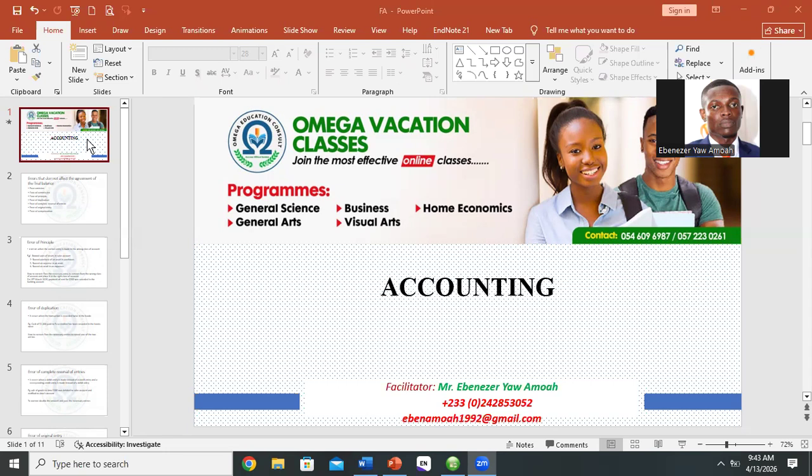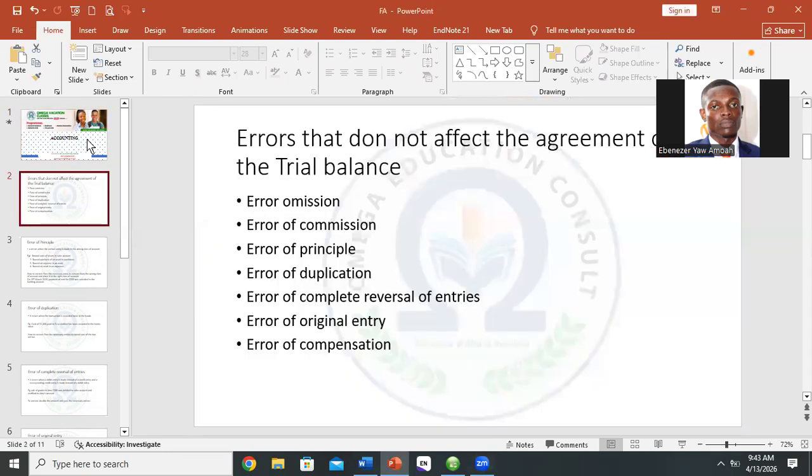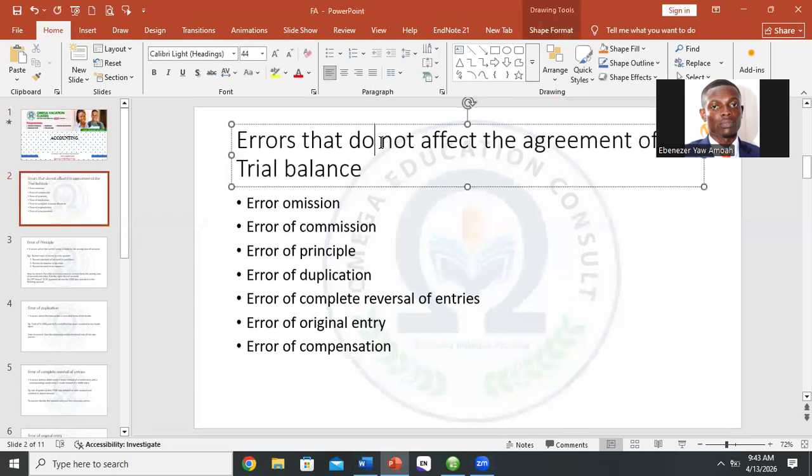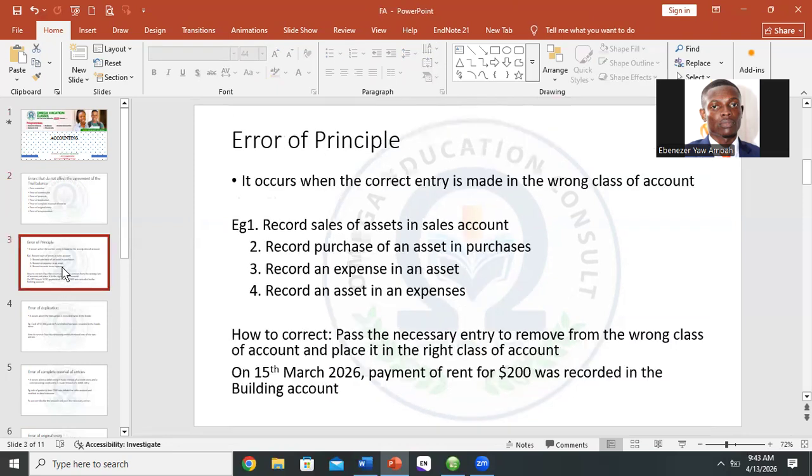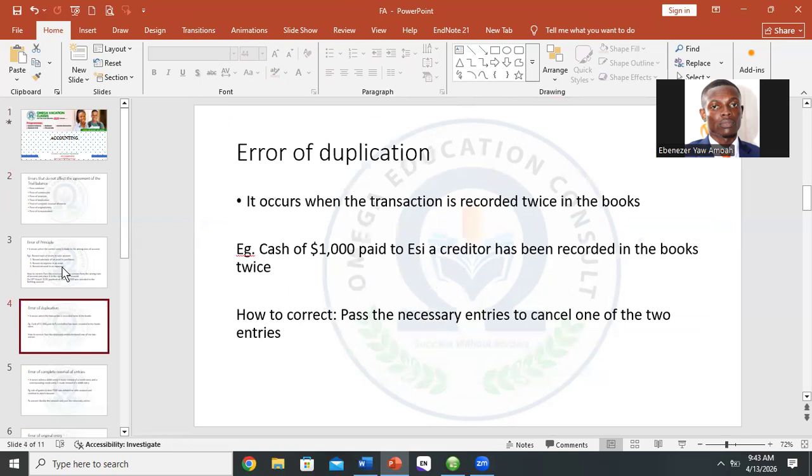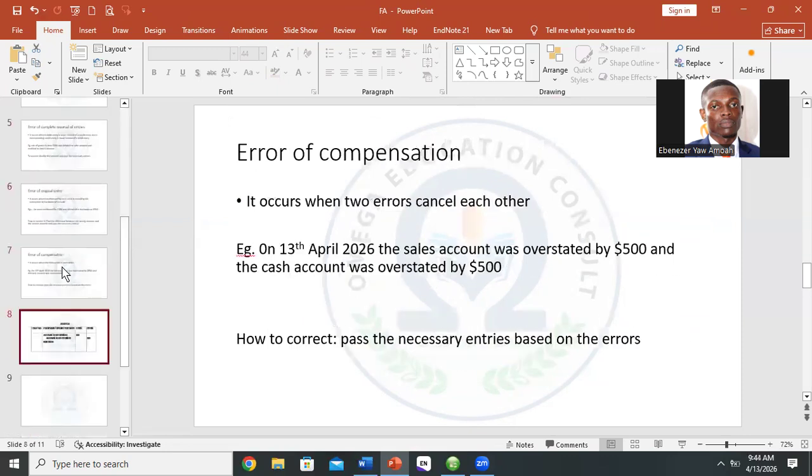And then we have been able to fully discuss the first type, which is errors that do not affect the agreement of the trial balance. I think we've gone through omission, commission, principle, duplication, complete reversal of entries, original entry, compensation, and duplication. I want to believe you remember how to correct each of them, because that is very important.